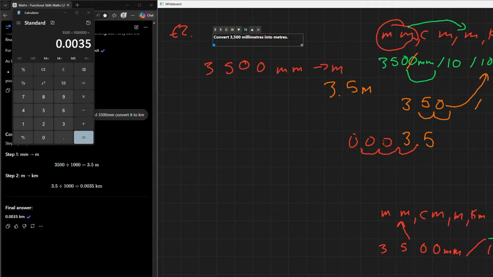First is the centimeter, then we have meter. Wait, and then it's 10 and then it's 100. Oops, I edited.